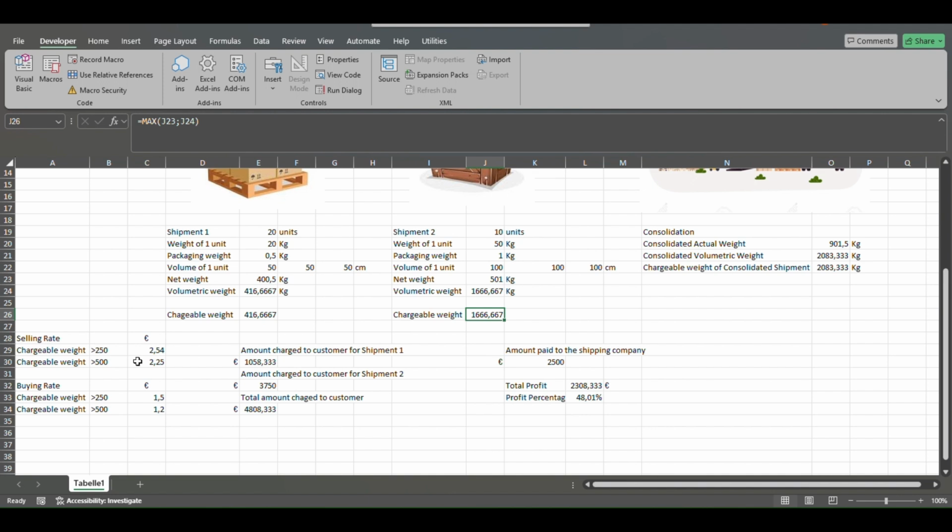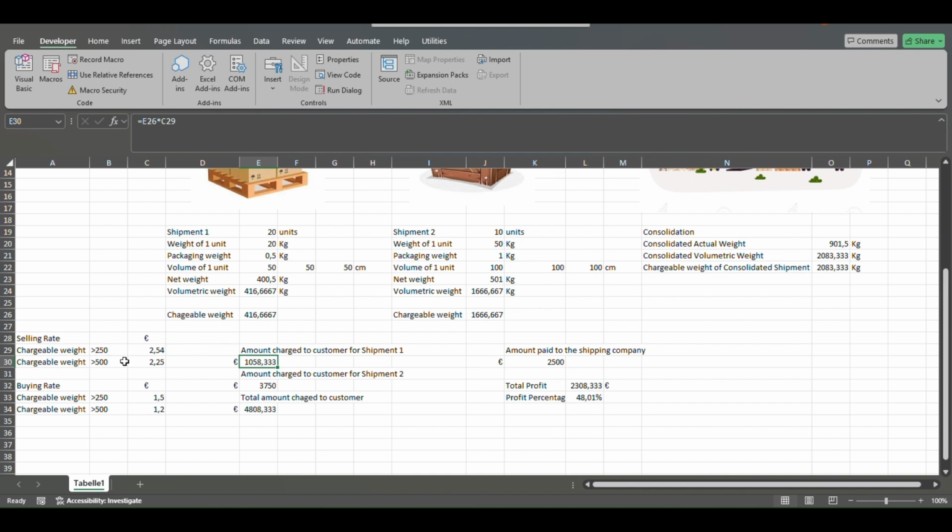Let me come to the buying rate very quickly. Before that, let's see the charges to the customer. The amount charged to the customer for shipment 1 is 1058.33, which is the chargeable weight times this classification.